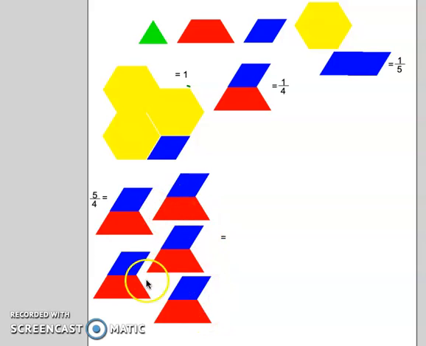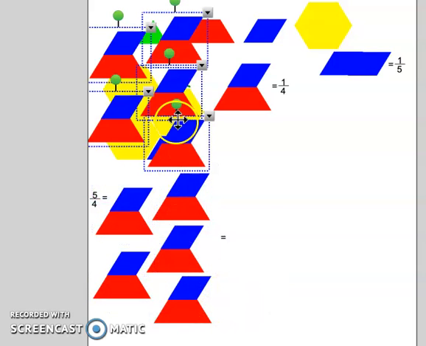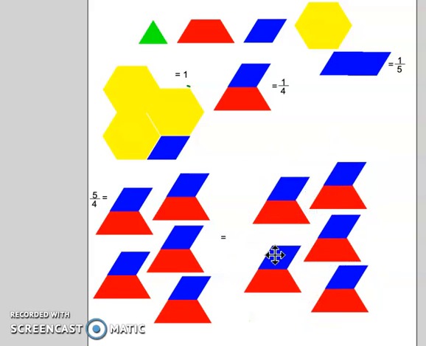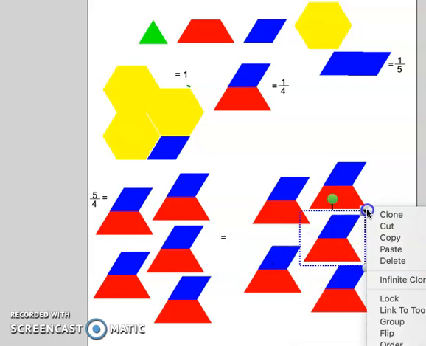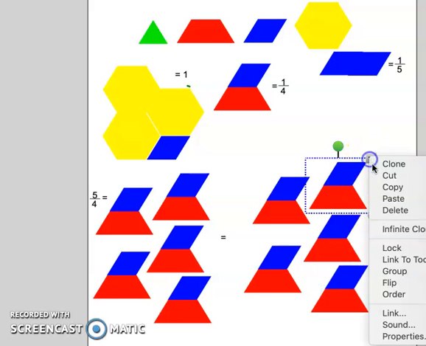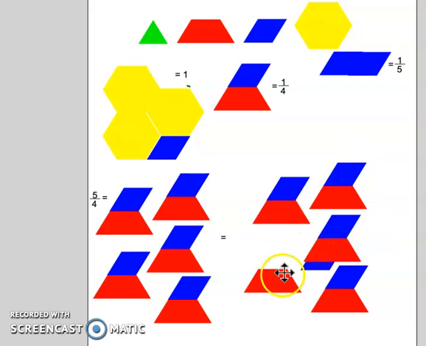If you're still wondering how this is the same, I'm going to copy these and rearrange them so that way we can see, so I gotta ungroup. We can see this whole.